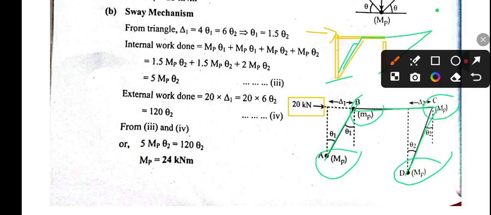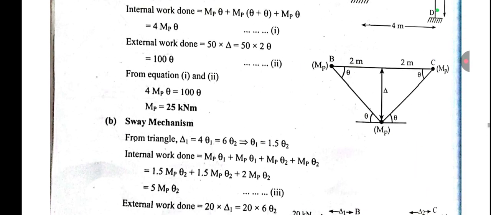There is no change. In this case, for the sway mechanism, we have a different theta. Above, we saw the length was the same, so theta was also the same. But in this case, the vertical lengths are different.